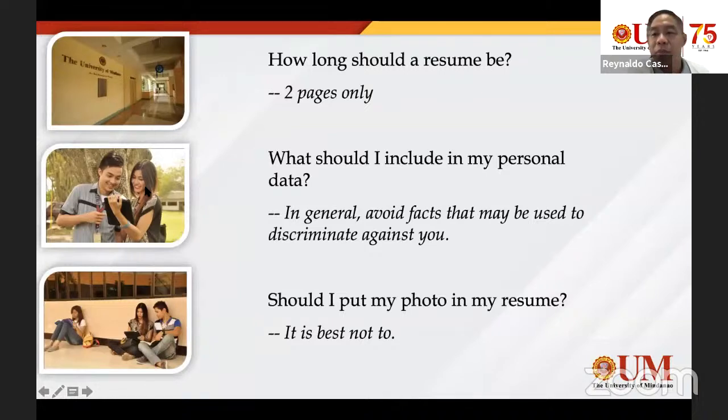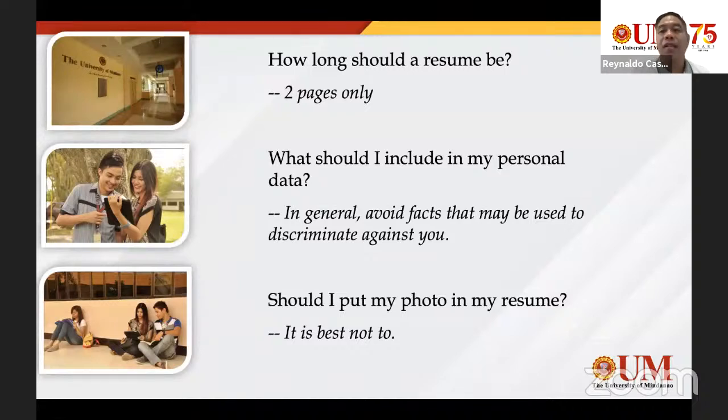So how long should a resume be? It's one of the questions in the Mentimeter: 2 pages, because it's a resume. It's not a curriculum vitae. A curriculum vitae may have so many pages, but for a resume, someone like you who is a novice in the world of work, we don't expect so much from you, the HR, the hiring officer.